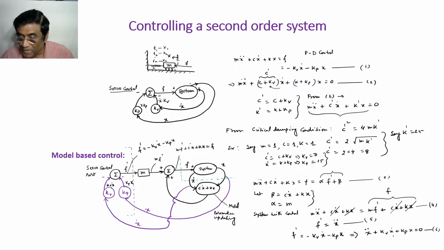So now you can again put the critical damping condition from equation 6. What do we get?